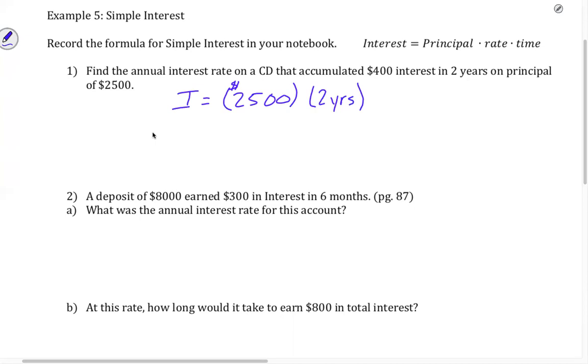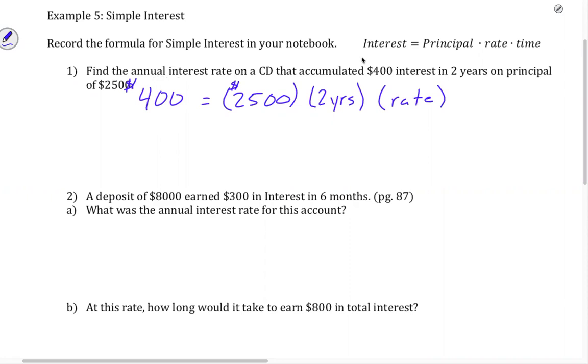Oh, my bad. And I want to know the rate. So I need to find, oh, it says the interest is 400. So let's fill that in. So if we have 400 as my interest on $2,500 for 2 years, I'm going to divide these things.